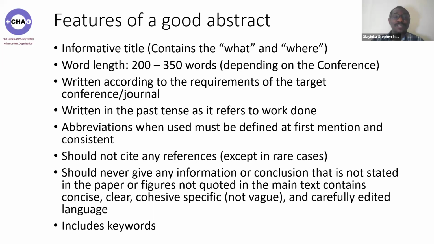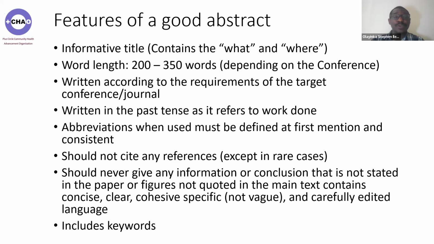And abbreviations, when used, must be defined at first mention, just like the research abstracts as well. Now, you don't need to cite references in the abstract, but if you have to, because some of the journals may want you to cite, you need to be familiar with the instructions that the conference organizers or the journal you are submitting to have already indicated.